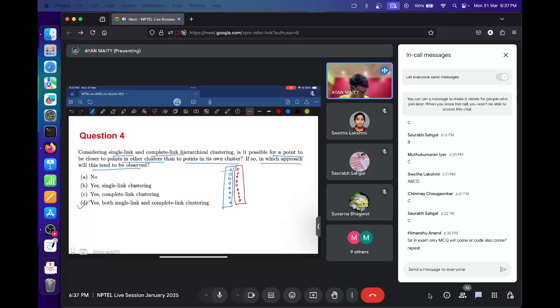Single link would be able to find these two clusters, and we can see that for this data point, it is much closer to this red data point than to this other point, although this point is in the same cluster as this blue point. The distance between these two is much higher than the distance between these two points.